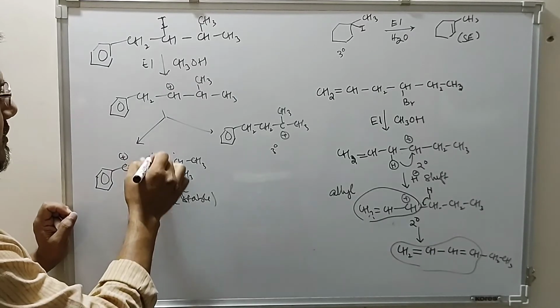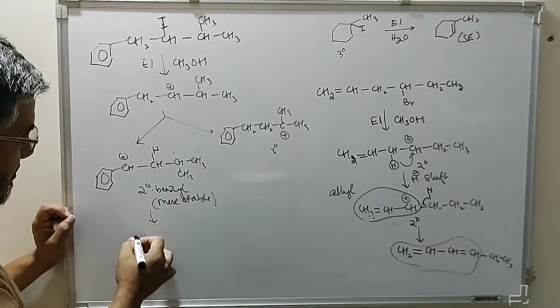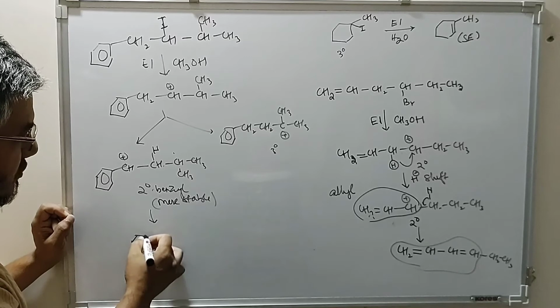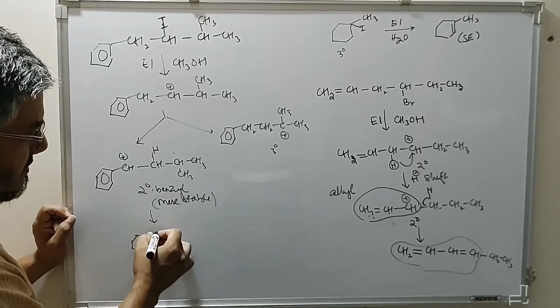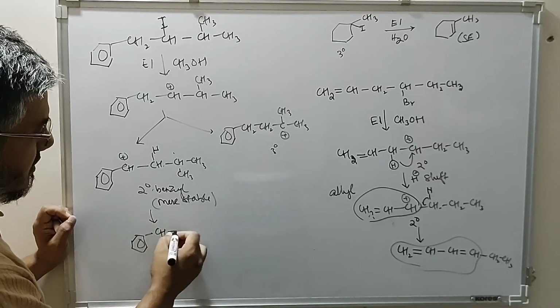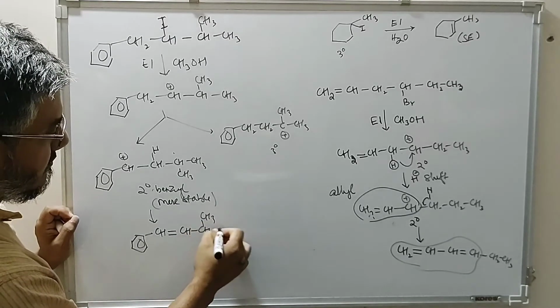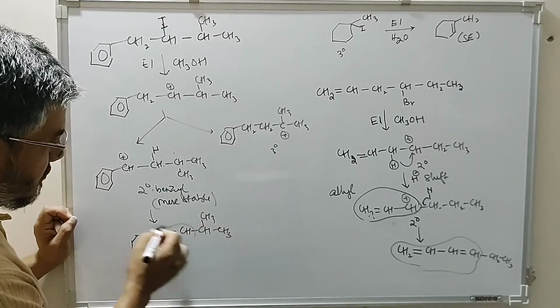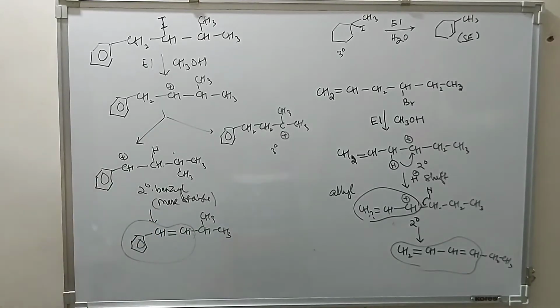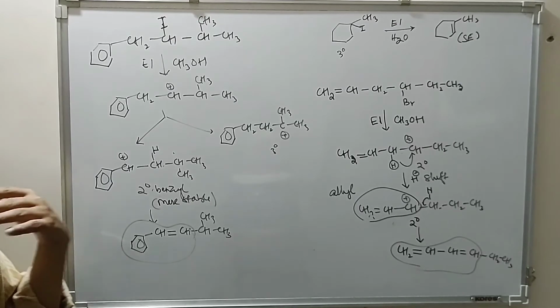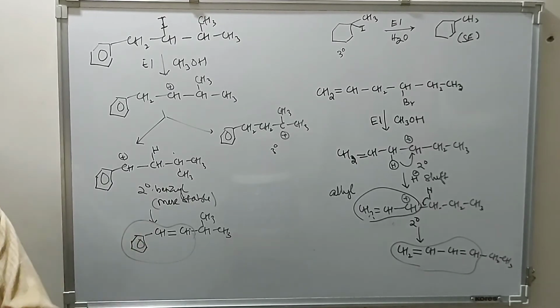Finally, this will undergo elimination from this to give you again the resonance stabilized, that is conjugated alkene. So we have a conjugation. Whenever there is a possibility of formation of conjugated alkene, it will always be formed as the major product in an E1 reaction.